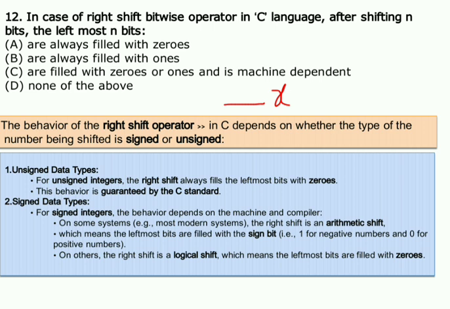If it is an unsigned type, then the leftmost bits will be filled by default with zeros. If the given number is signed data, then the leftmost bit will be filled by the sign, that is the positive or negative sign, or if it is a logical shift, then it will be filled by zeros. Okay, so the answer is option C.